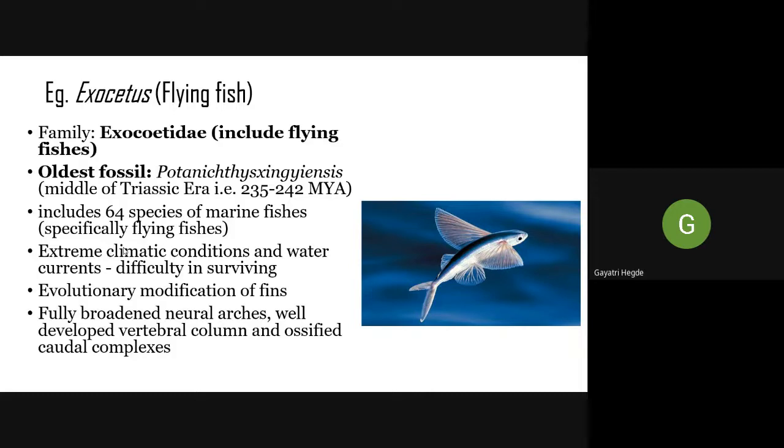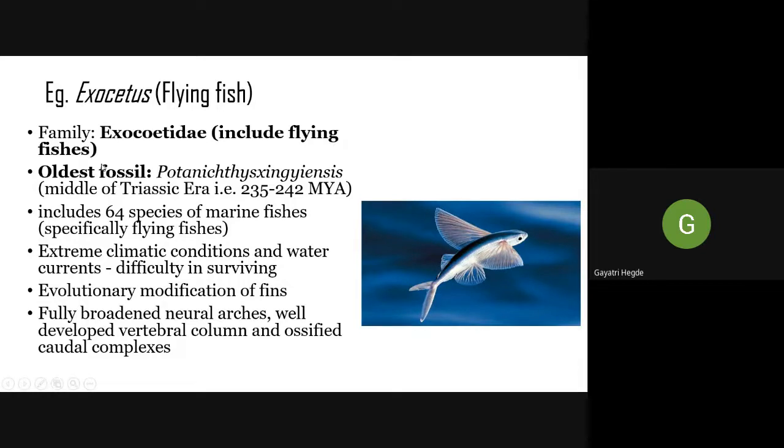The oldest fossil present in this family is of the flying fish named Potanichthyes. It evolved in the middle of the Triassic era, which means 235 to 242 million years ago. The structure of this fossil fish does not resemble the modern flying fish that you see nowadays.